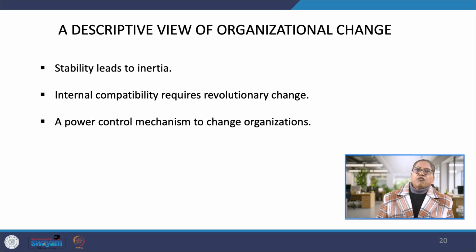Giving a descriptive overview of what we have discussed so far on organizational change: stability leads to inertia or resistance. Internal compatibility requires revolutionary change and a power control mechanism to change organizations. We will be further discussing each one of them in more detail.